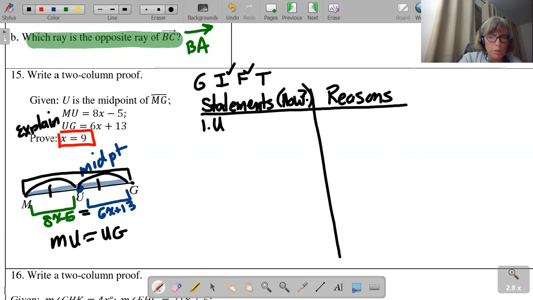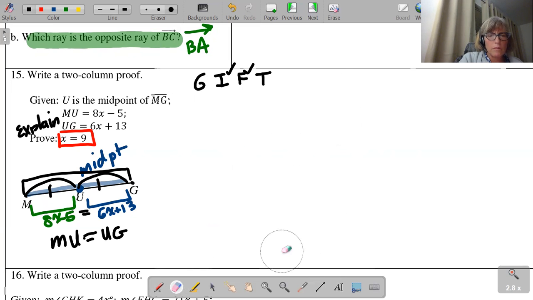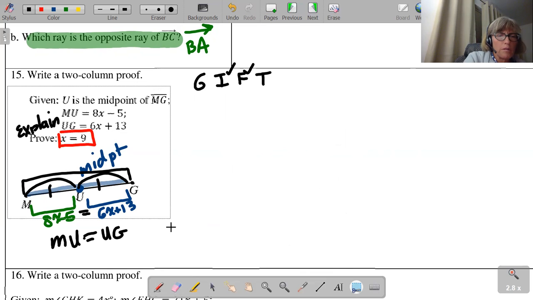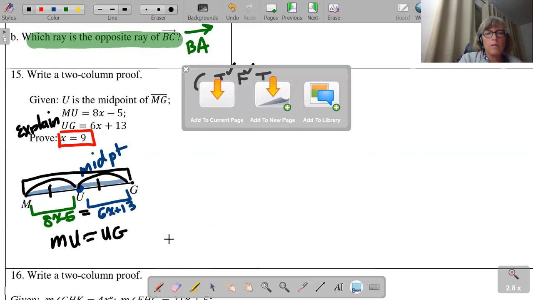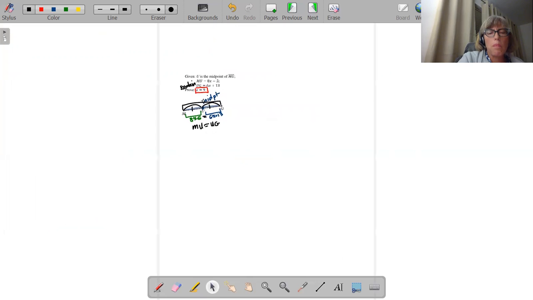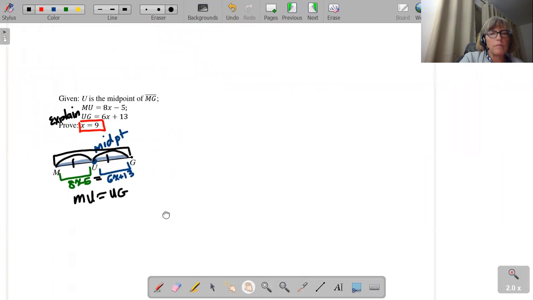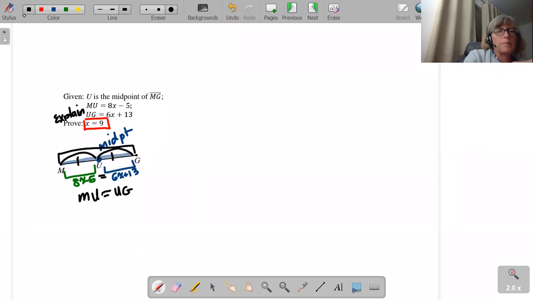I think we're going to need more space here. I'm going to take this information right here. I'm going to pop it onto a new page. There we go.